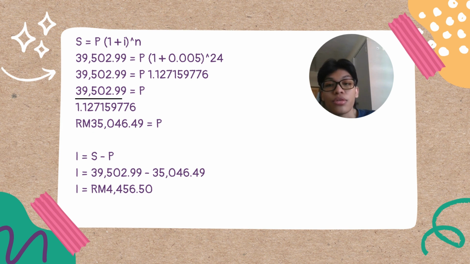The next step is we use the formula I equal to S minus P to calculate the total interest paid. We calculate it, which we got I equal to 4,456.50 ringgit.